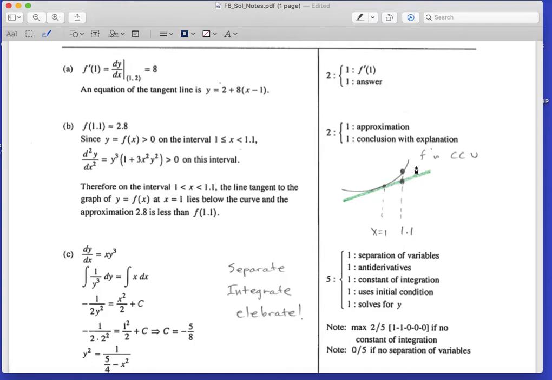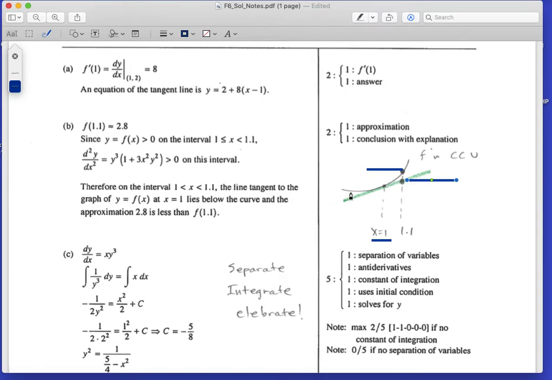The big thing here is if a function is concave up, then the tangent line will lie below the function. Which means if I have the line tangent at x equal 1, and I want to use the line to approximate the function value, I want to approximate this y value by using that y value right there. You notice there's a little bit of error there, and I know, however, that because f is concave up, the approximation will always be too small.